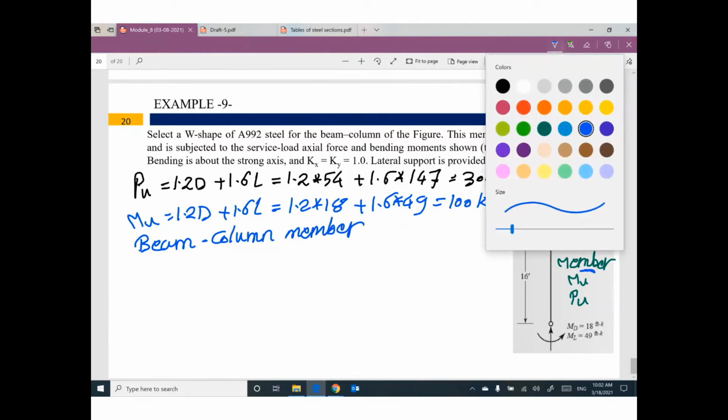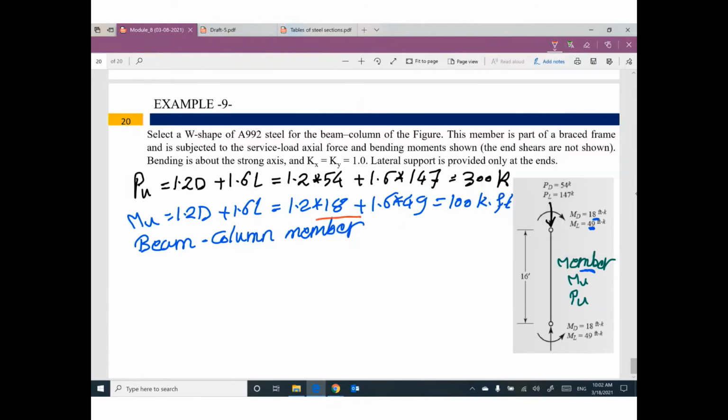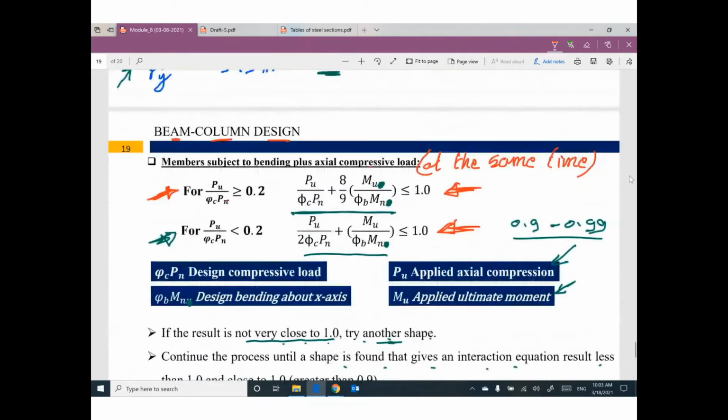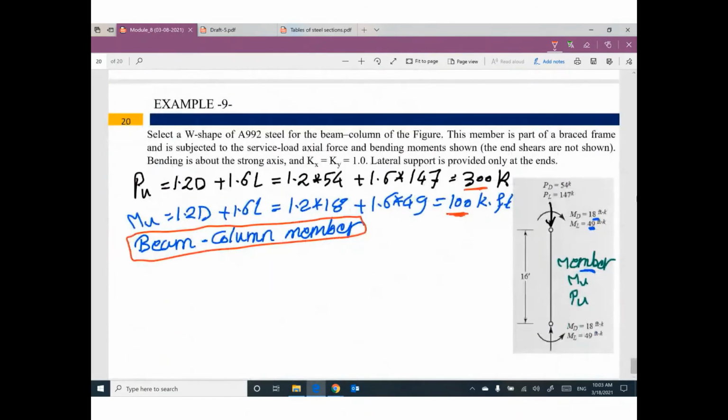One more time, what is the reason behind this expression? Because this member is under the effect of axial force and under the effect of bending moment at the same time. So this member will be designed as a beam column. First of all, we have a W shape.